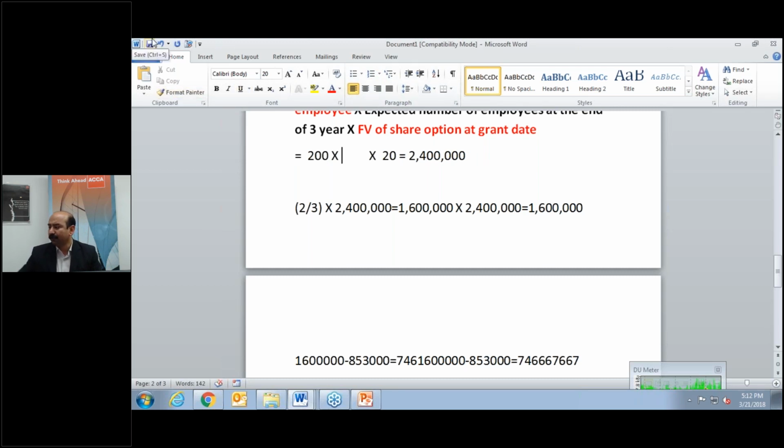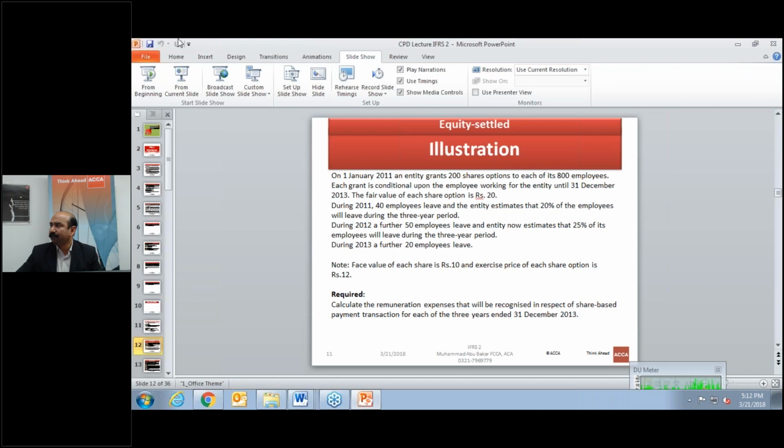If we just look back and see our question, we can see that 40 employees left in 2011, 50 employees left in 2012, and 20 employees left in 2013. If we add up, this will become 110. So 800 minus 110, this will become 690.